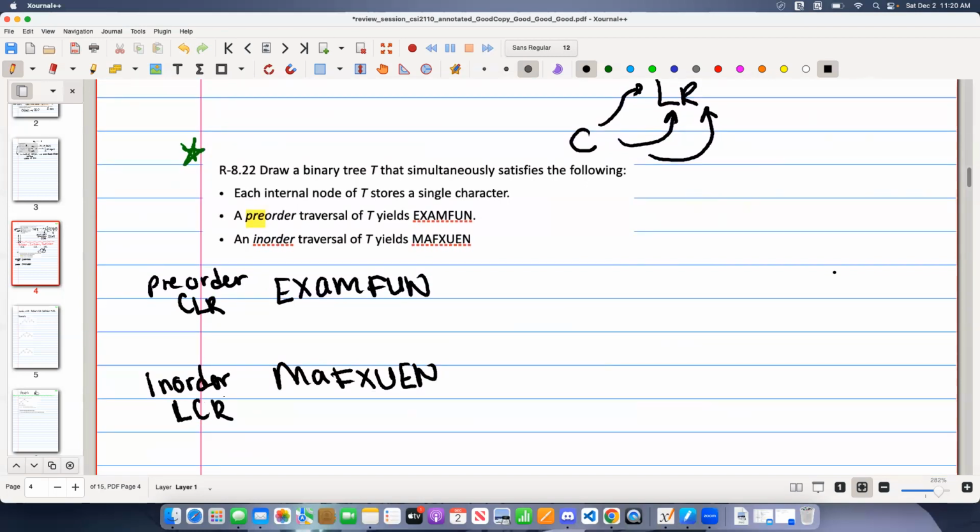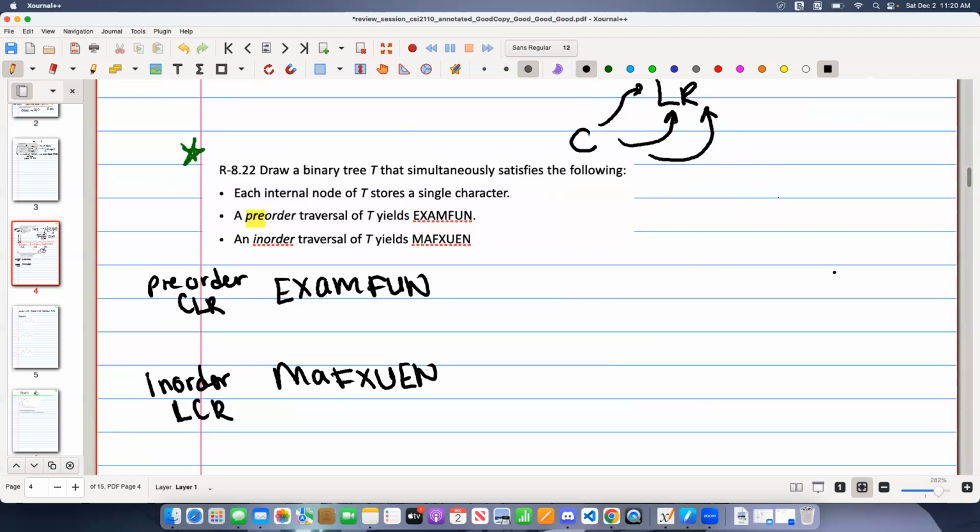This is very important because pre-order kind of tells you what the root node will be. Since pre-order starts from center, left, right, every time you have a graph, you will always read the center first, which means you would always read the root node first.